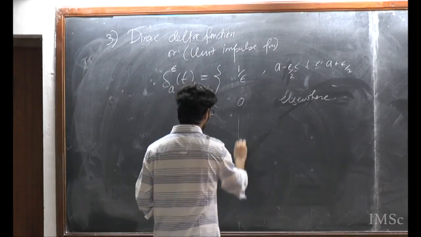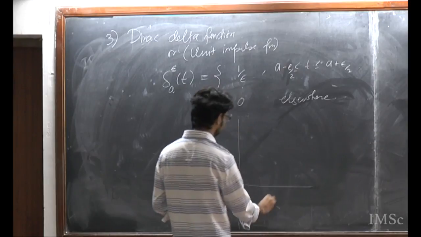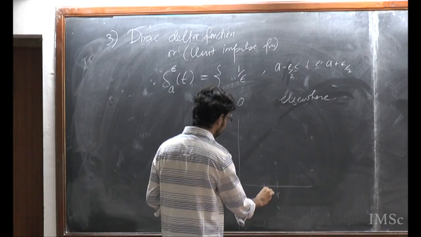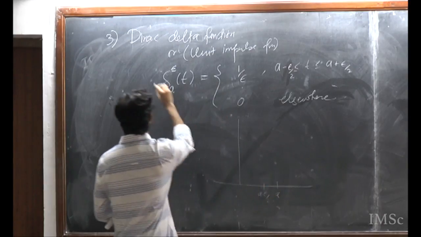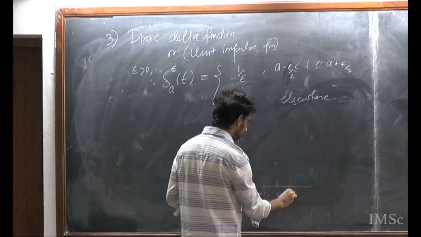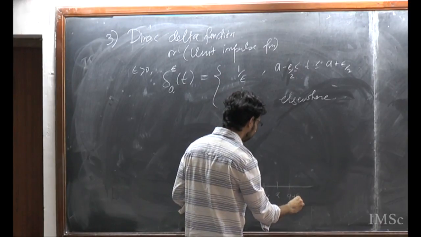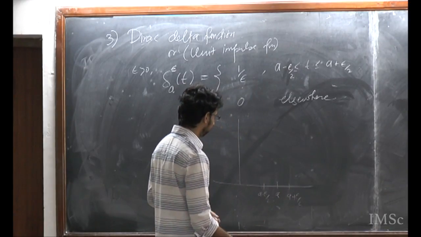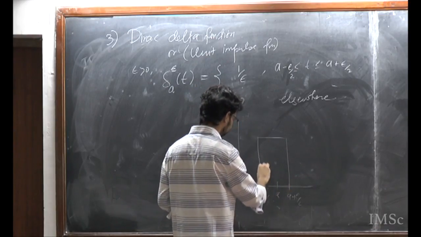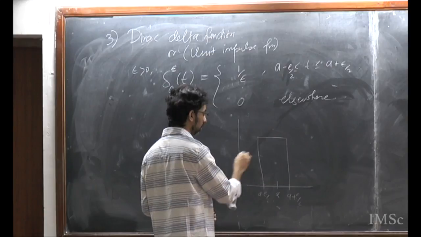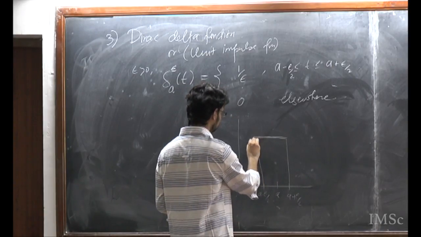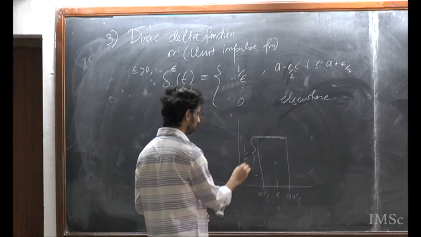So what does the graph look like? This is a, this is a minus epsilon by 2, where epsilon is positive. This is a plus epsilon by 2, and this is a constant function 1 over epsilon in this region and 0 outside. So it's just this part. Okay, so this is 1 over epsilon.